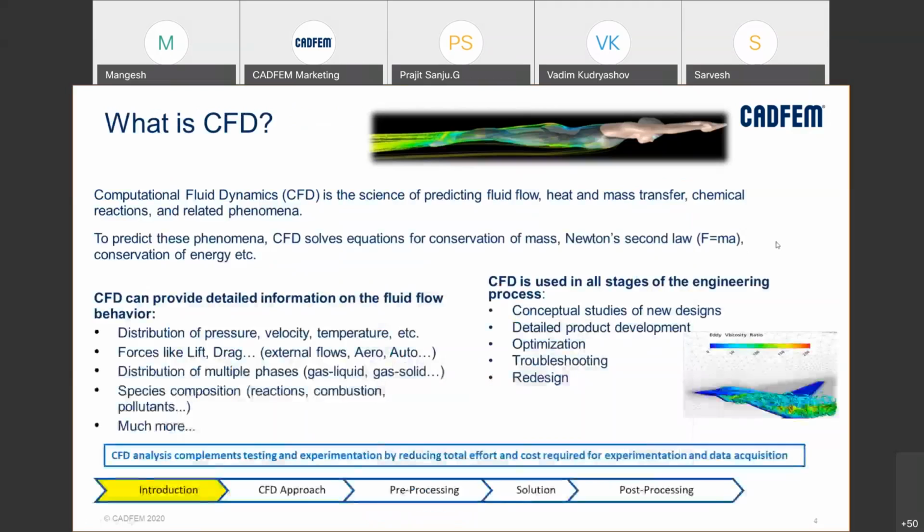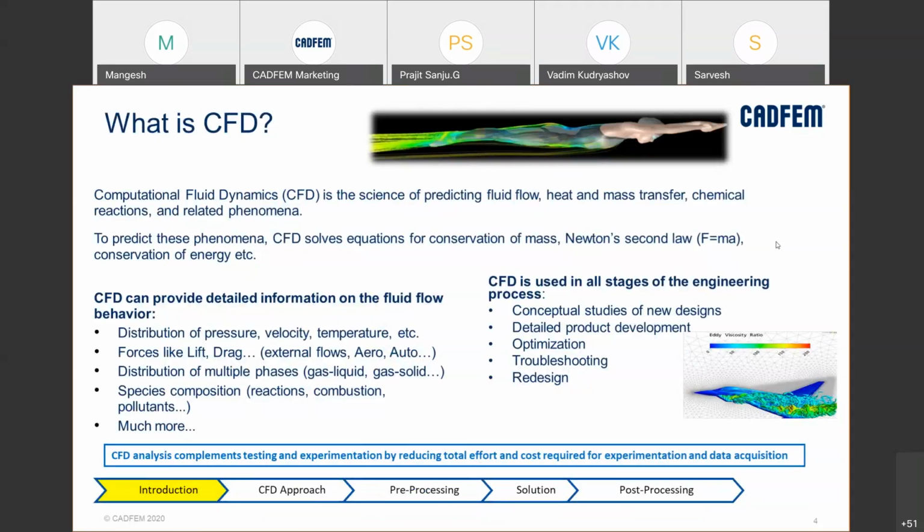A brief about what CFD is, what you can collect out of CFD, and the different stages where CFD is being used. It's a science of collecting fluid flow, heat, and mass transfer, and there are certain conservation equations, conservation of mass, momentum and energy, which get solved in the background.